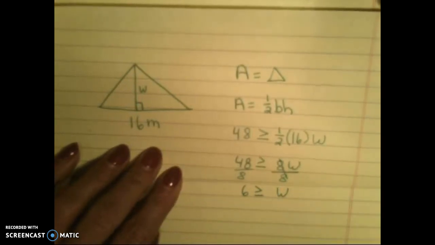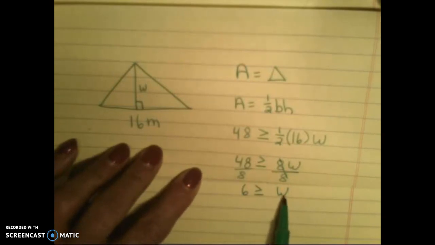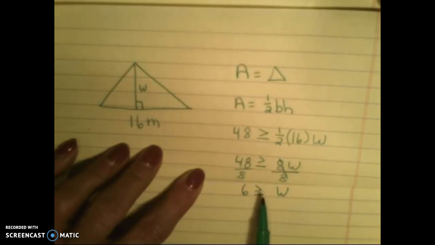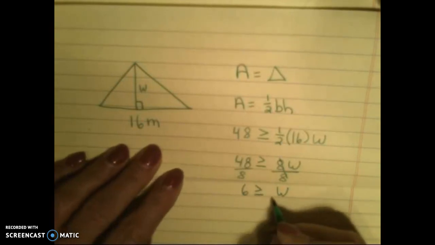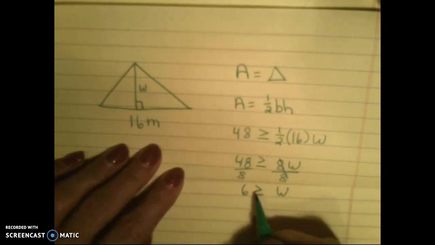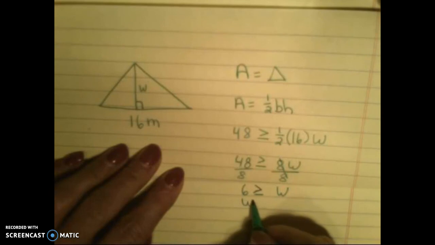Now, we've talked about when you have the variable on the side, you need to just flip the whole problem. You're not flipping the inequality or changing the value of anything. All you're doing is turning everything around just for graphing purposes. Look at this. The inequality sign is pointing towards the W. So I'm just going to flip the whole order around.